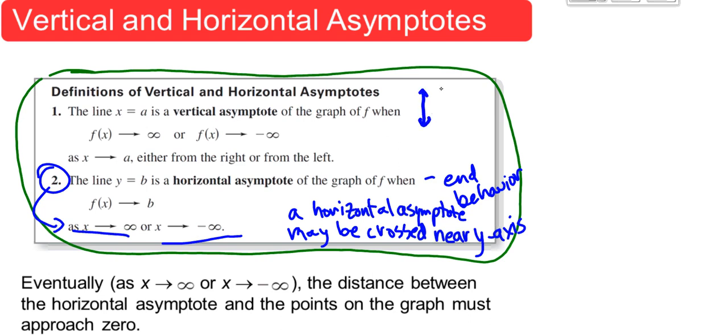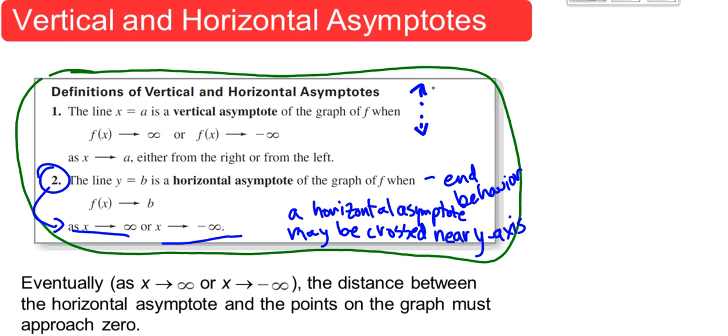Oh, I should have maybe drawn it as a dashed vertical asymptote. And of the graph of f, when f of x goes to infinity or f of x goes to negative infinity as x goes to a, either from the right or from the left, that's going to be a vertical asymptote.